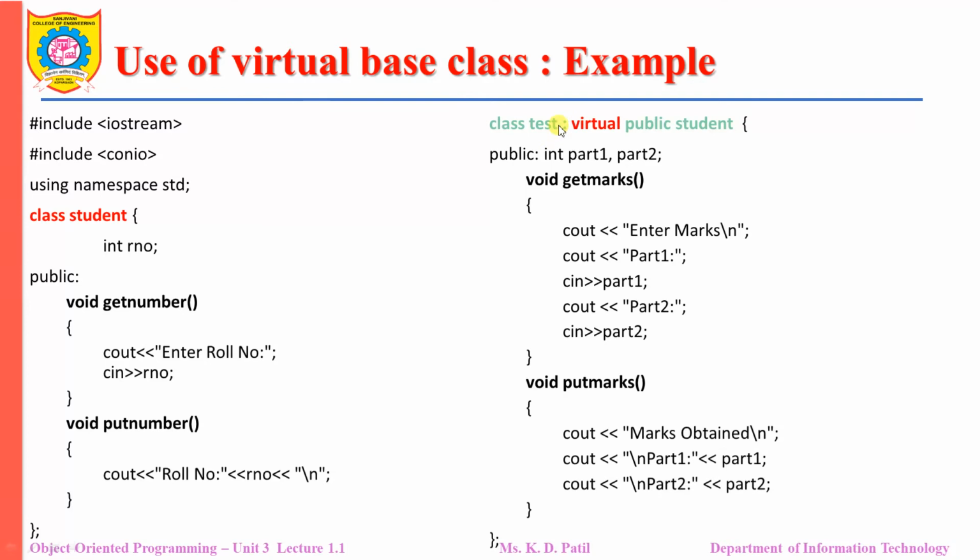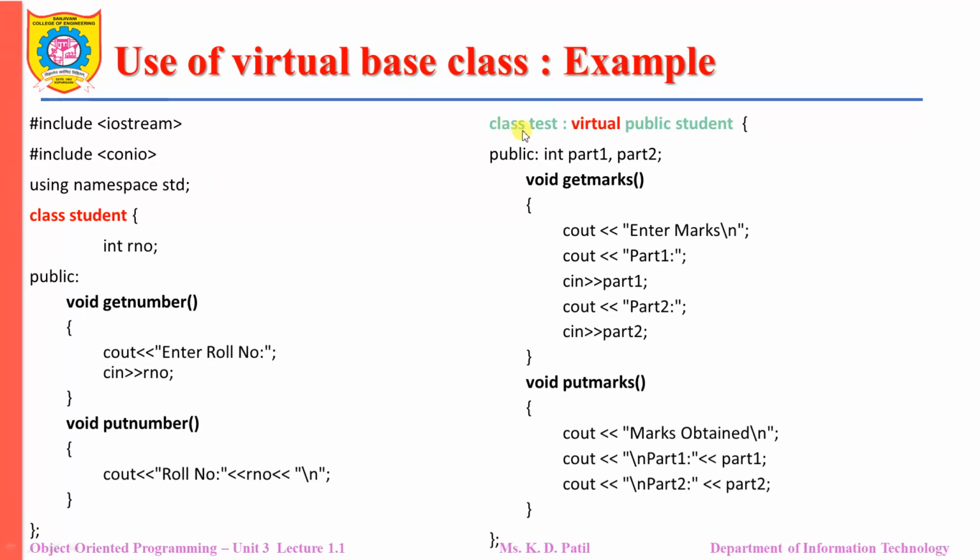Okay, now for this test class, student is the base class. So that's the reason we are going to declare that student class as a virtual base class over here. So please observe the syntax, how it is written.